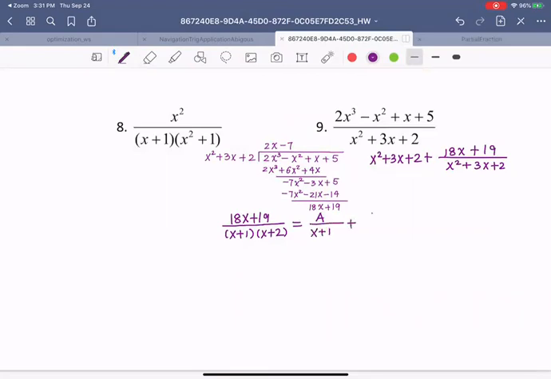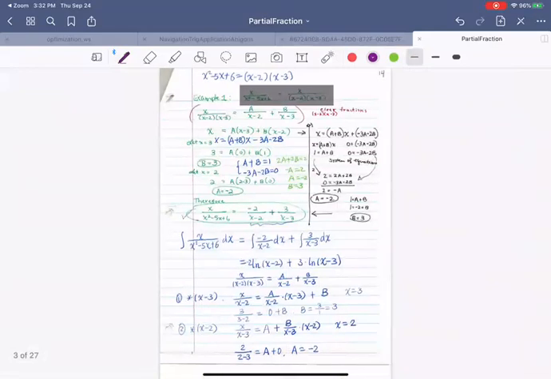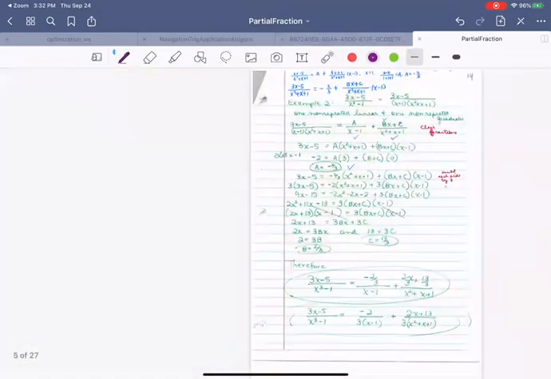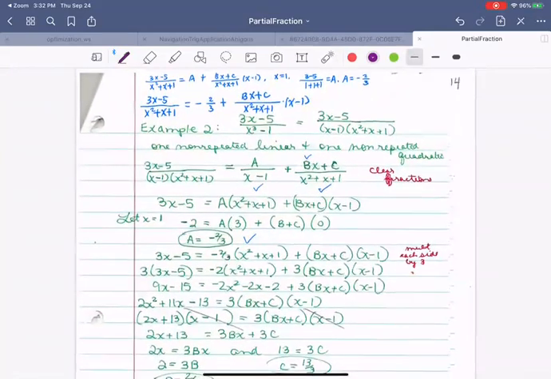When do you use bx plus c and when do you just use b? Bx plus c is in some other scenario. There are many different scenarios, okay? When the denominator has this kind of shape, we do bx plus c.